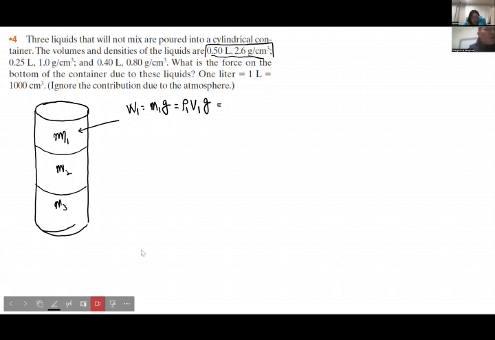If you plug them into this equation, that is 2.6 gram per cubic centimeter times the volume, 0.5 liter. But you have to convert the unit from liter to cubic centimeter, applying the unit conversion of 1,000 cubic centimeter per liter.